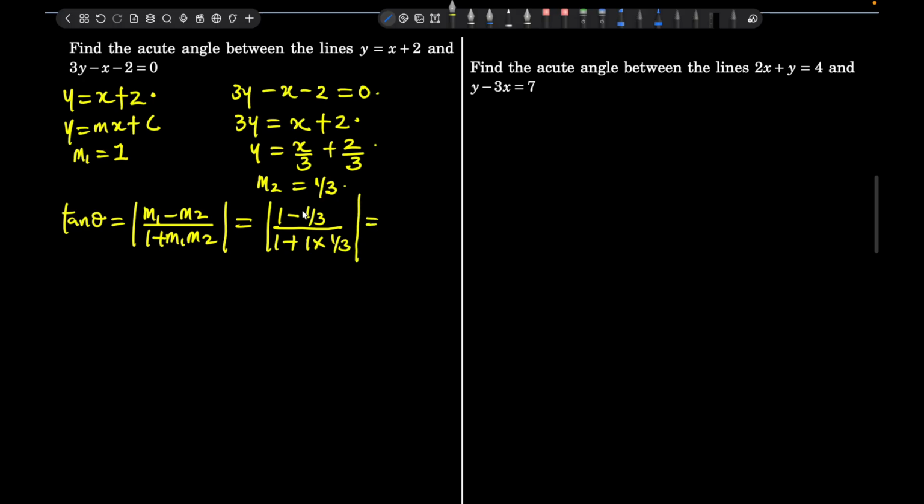You can press this on your calculator. 1 minus 1 over 3 will give you 2 over 3. Over 1 plus, you do 1 times 1 over 3 first, which is 1 over 3. Now tan theta is equal to 2 over 3 over 1 plus 1 over 3, which is 4 over 3.